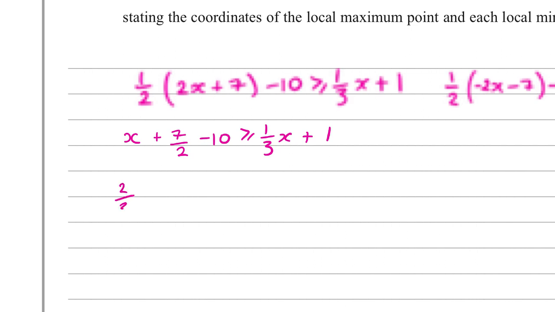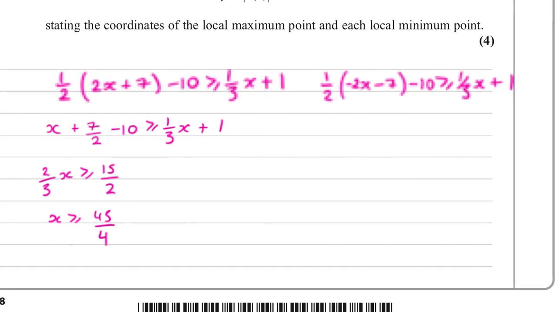So I'm going to have 2 over 3x, and then I'm going to have 1 plus 10 minus 7 over 2. Take away all the numbers, I'm going to get 15 over 2. If I divide that by 2 over 3, I'm going to get x is greater than 45 over 4.